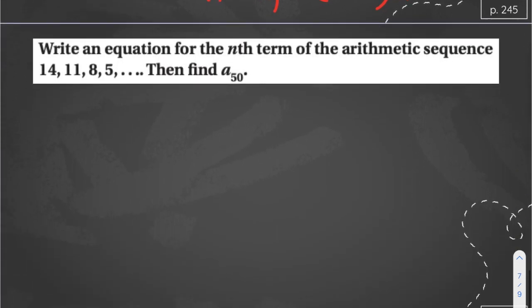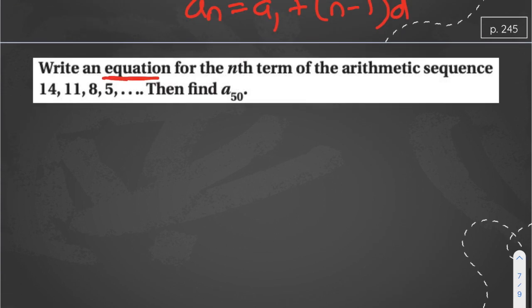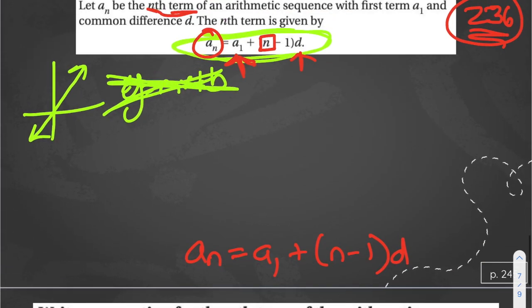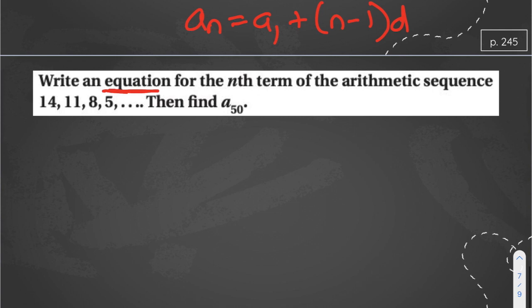Now, that sounds complicated, but it's going to be super simple to see when we have this practice problem. Write an equation for the nth term of the arithmetic sequence 14, 11, 8, 5, and so on. Find the 150th term. So first, when we write an equation, we need a few things here. We need our a sub 1, our first term, which is right here.